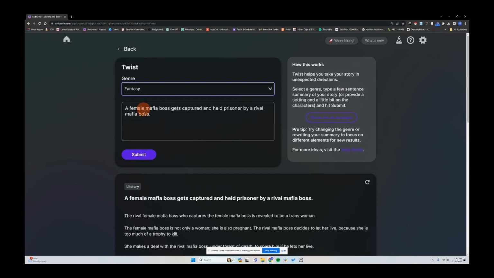Let's do fantasy real quick. And I will do two young adults who are chosen by dragons to be taught, to receive and be taught magical abilities.